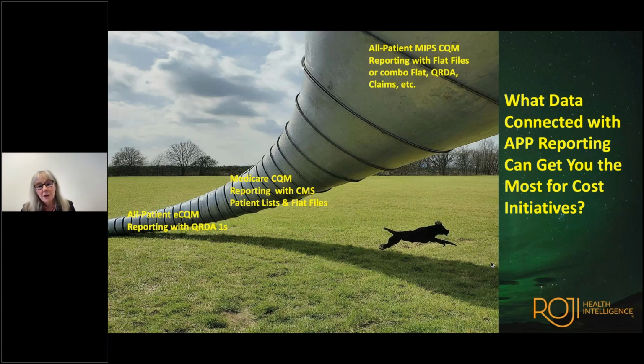So on the smaller end of the data spectrum are the QRDA ones. Very large files, very small amount of content for each data. It's basically the data and one measure, or whatever measures the EHR is collecting. Every QRDA is different and defined by the EHR. But in each case, you're going to get the value of the measure for the patients who are eligible for the measure.